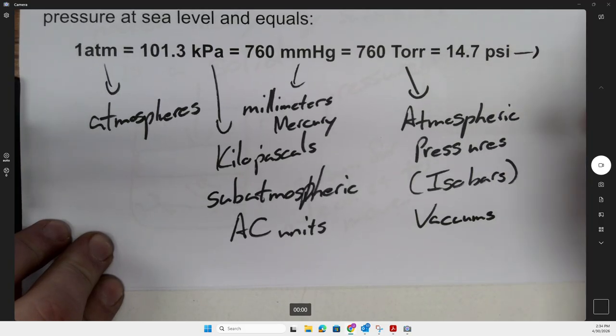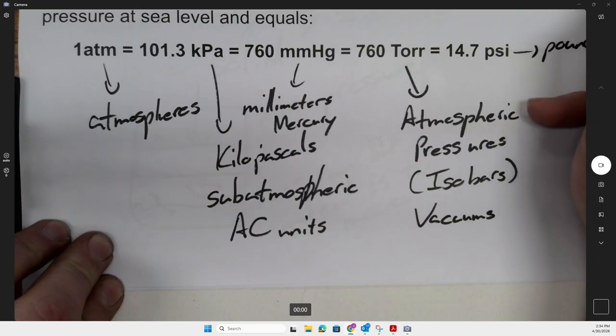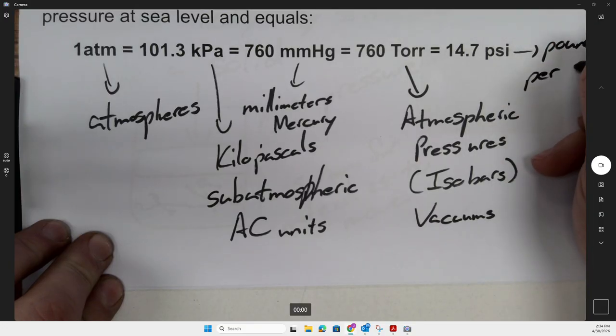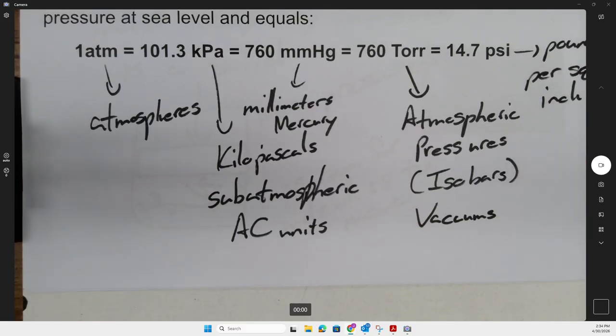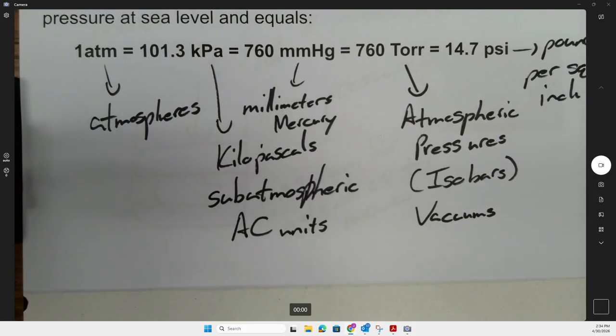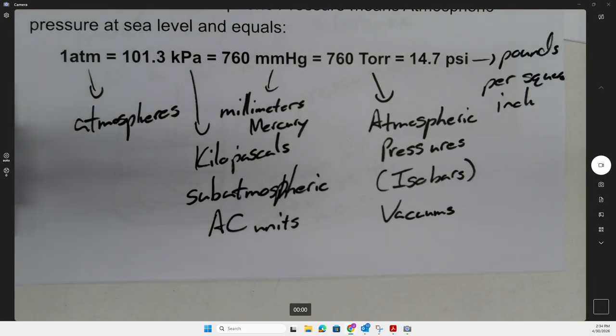In PSI, we know this one is pounds per square inch. Now, we present you with these so you guys know the different types of ways we can measure pressure.